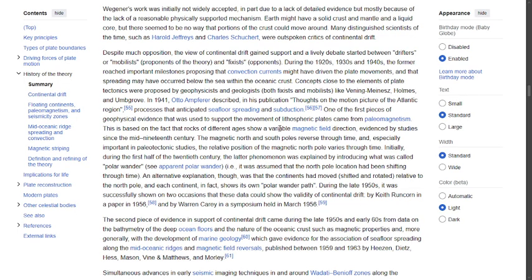How does that work? Is it the iron inside of the rock moving or something? I don't know.